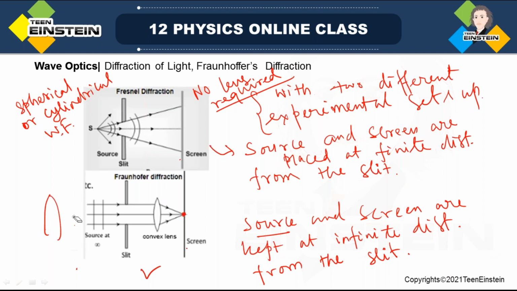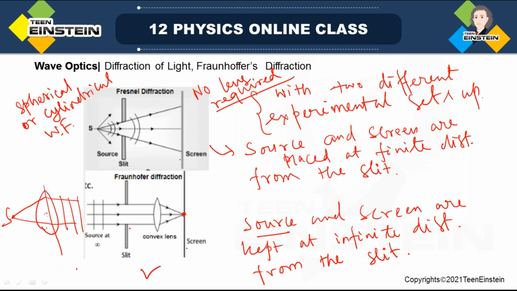If you keep a convex lens just before the source, the source has to be at the principal focus of this particular lens. Then light after refraction will be parallel. So you will be able to get parallel wavefronts.